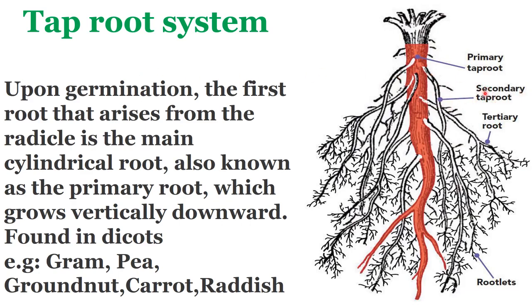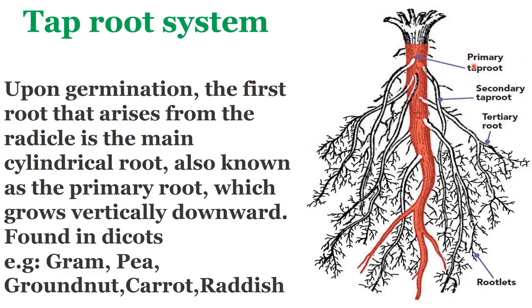So secondary taproots will arise from the primary taproot. Then further lateral branches will arise from these secondary roots also. Here you can see these branches, and these are called tertiary roots. So these lateral branches arise like this.